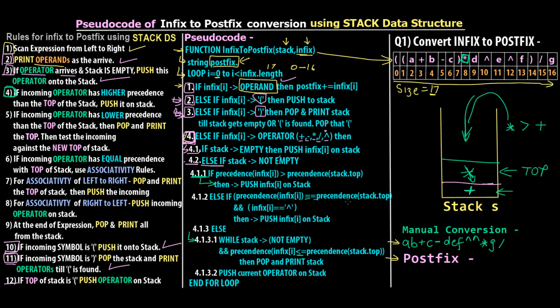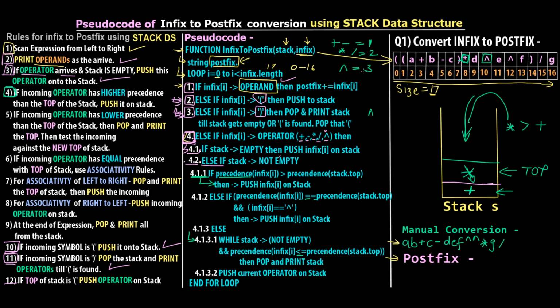But before that, let's say the precedence of infix of I is equal to the precedence of the top of the stack, and the operator that we are scanning currently is a raise to operator. Now raise to operator has the highest precedence. You can see we are using this precedence function separately. In the code we will assign precedence to different operators. For example, plus and minus will be given precedence 1, star and divide by will be given precedence 2, and raise to will be given precedence 3.